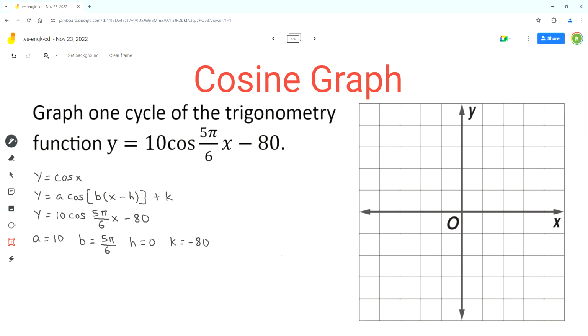We will use these values in the mapping rule. So we'll use the mapping rule method to graph this function. The mapping rule is, next we can sub in the values.